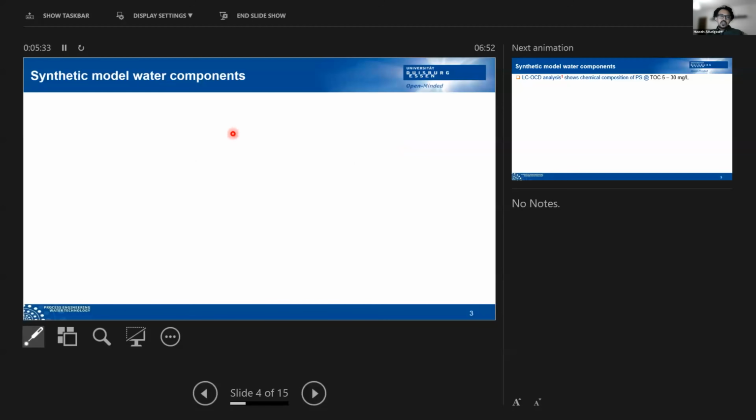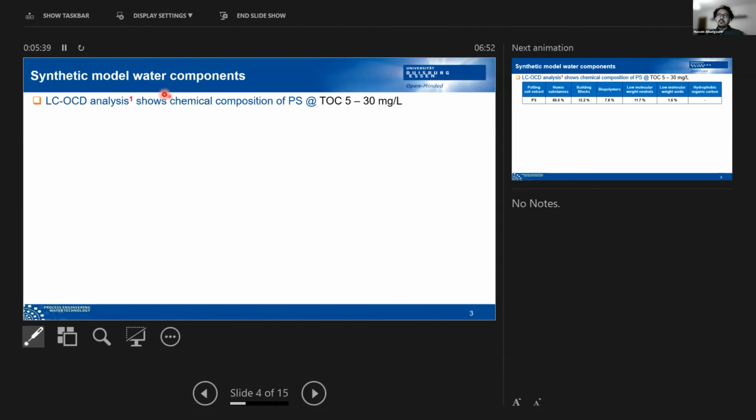So we now start with the results for the synthetic model water components that we use. The synthetic model water is mainly the potting soil, which has a liquid chromatography organic carbon detection analysis showing the chemical composition of the potting soil used for these experiments, at a TOC value ranging from 5 to 30 milligram per liter.